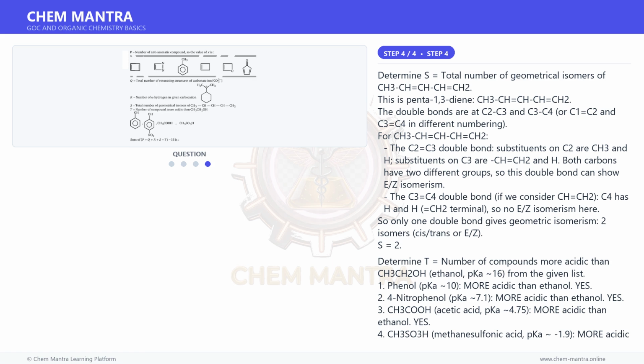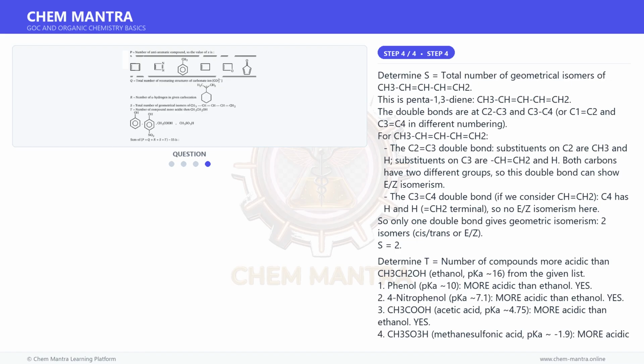For CH3-CH=CH-CH=CH2, the C2=C3 double bond: substituents on C2 are CH3 and H, substituents on C3 are CH=CH2 and H. Both carbons have two different groups, so this double bond can show E/Z isomerism.